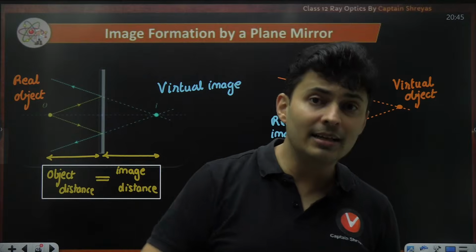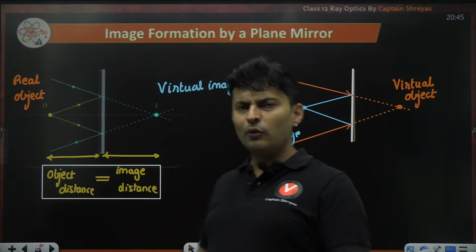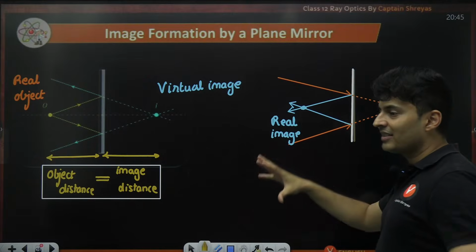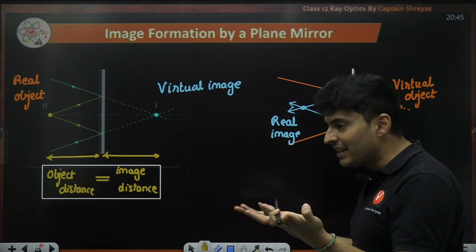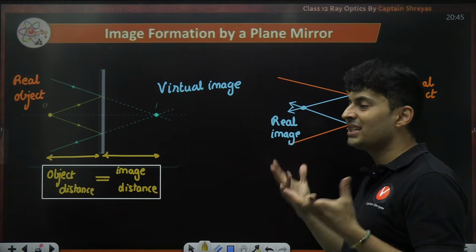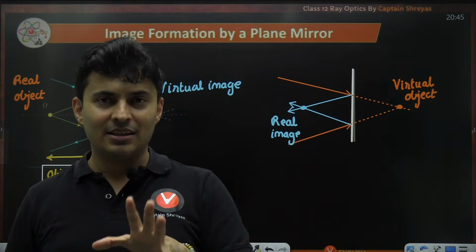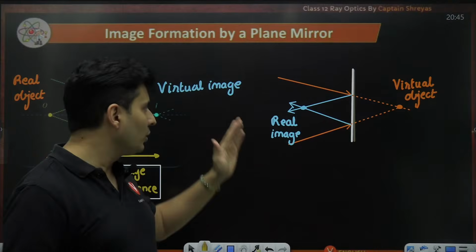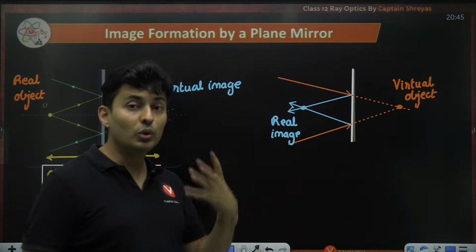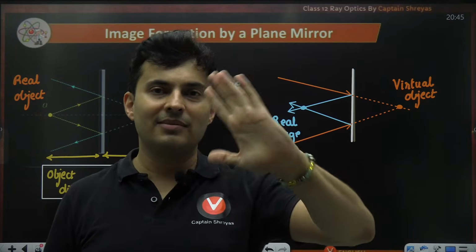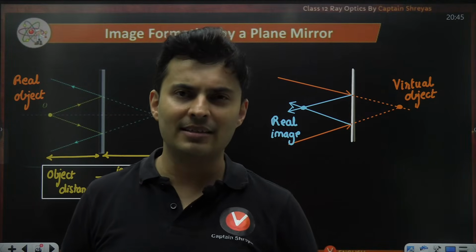Real means the rays should meet. Now, when they meet at some point, if you have some smoke or some screen, on that screen, that image can be seen. So, a real image will anyways be formed, whether you put a screen or not. But for you to see it, you will need a screen on the place where the real image is formed, where the rays are meeting.